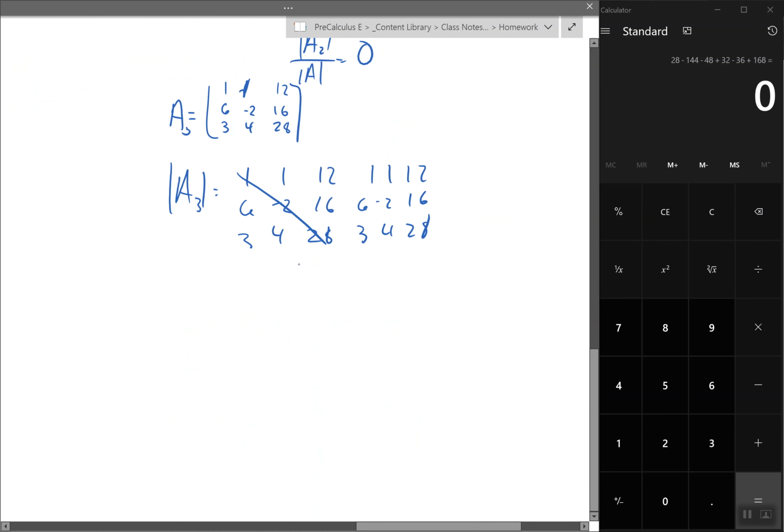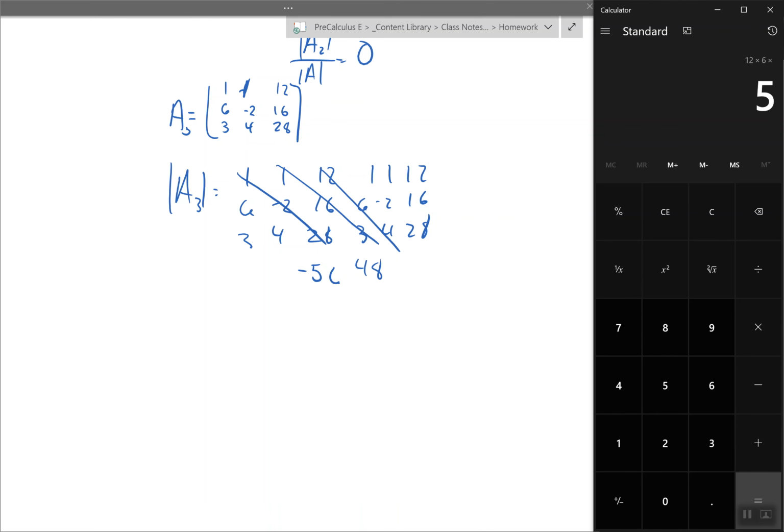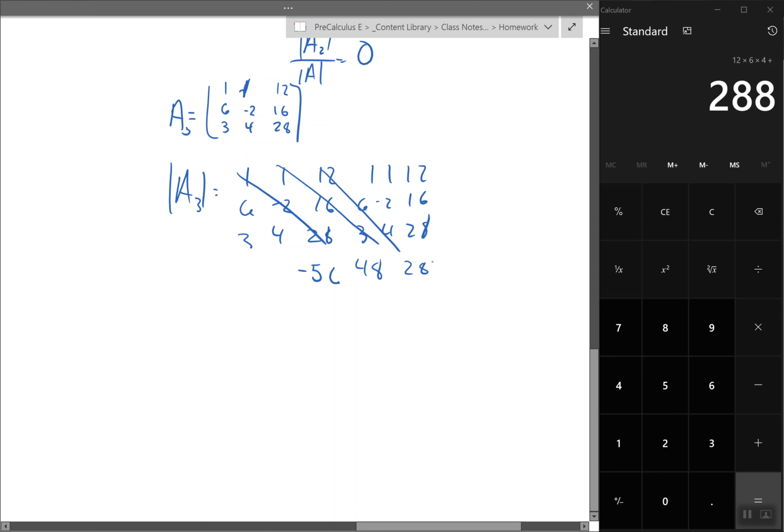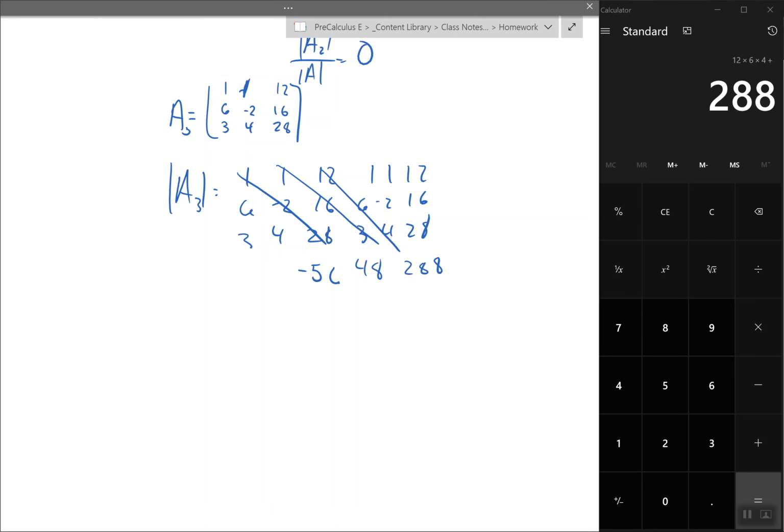So that is negative 56, positive 48. That's 12 times 6 times 4. So 288. And then we go the other way. Where are we?